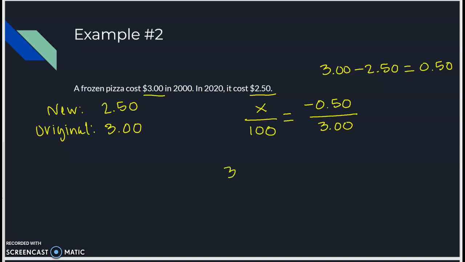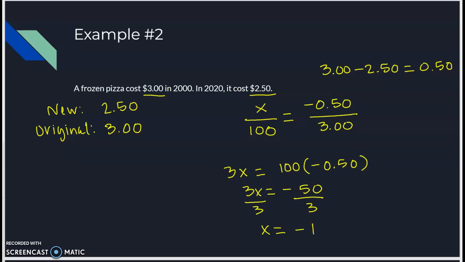So we have 3x equals 100 times negative 50 cents. So we have 3x equals negative 50. And then we need to divide by 3 on both sides. And that gets us negative 16.67%. So this was a negative 16.67% decrease.